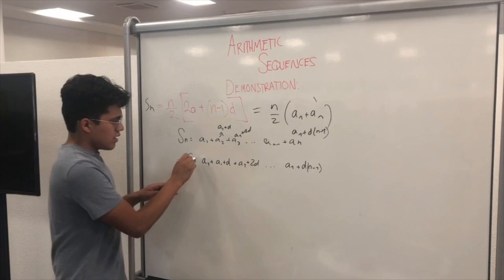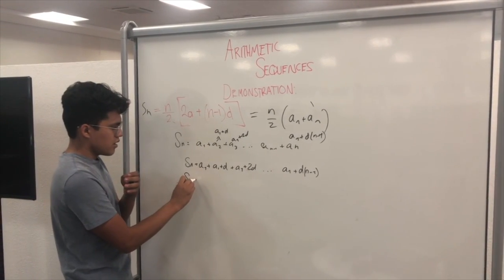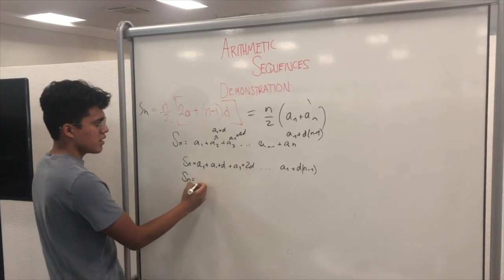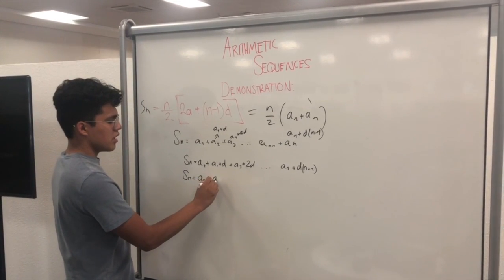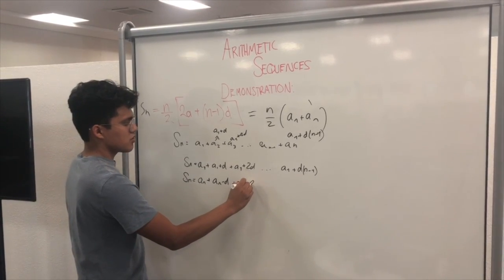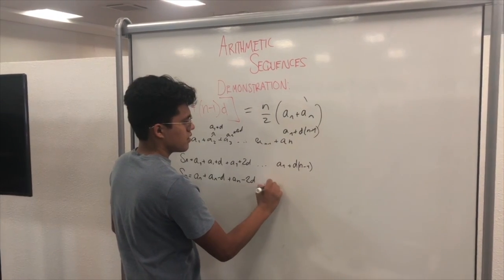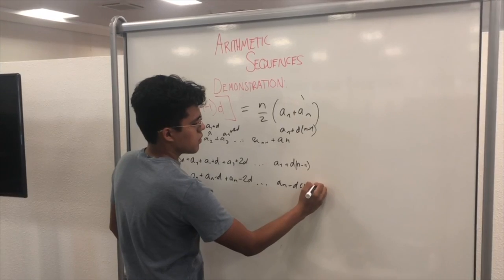We can also add the other sequence as Sn, starting from the end, writing it as an plus an minus d plus an minus 2d and so on.